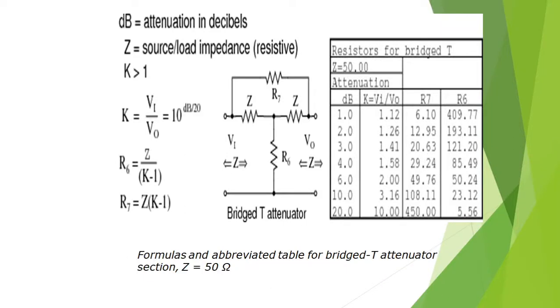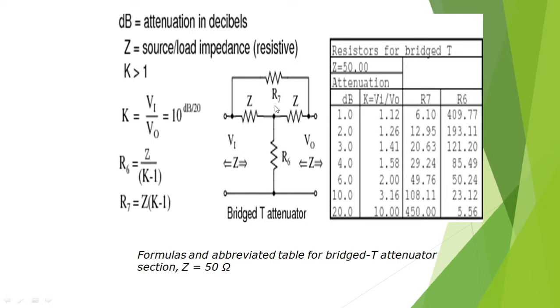These are the bridge T attenuators. If you can see the figure, a bridge T attenuator is nothing but a resistor placed across the series connection of Z and Z, that is R7 is placed here. You can see R7 is placed upon the T network, so that forms a bridge T attenuator, and from this the R6 and R7 values are to be found.